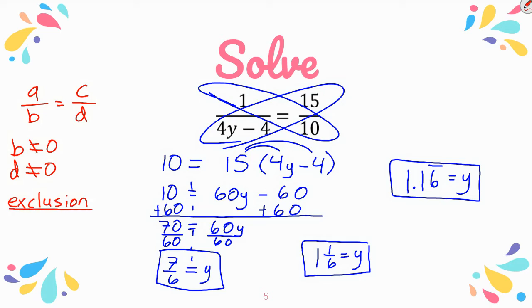Whenever you see a problem like this where you've got a variable in the denominator, you need to take a look at what we need to exclude from our answer. So we already know that our answer is 7/6 or 1 1/6 or 1.16 repeating. However, we also need to realize that 4y minus 4 cannot equal 0. So let's figure out what y can't equal in this case. We'll do that by solving for y.